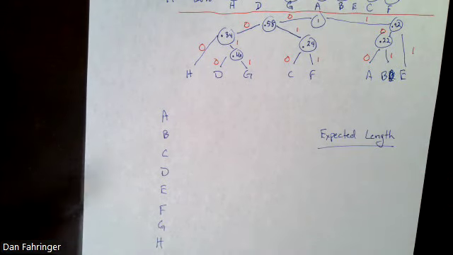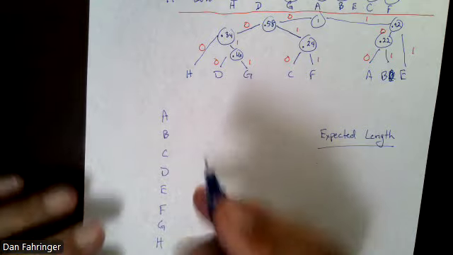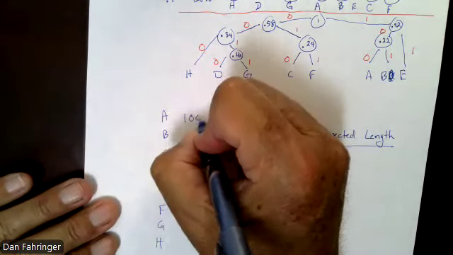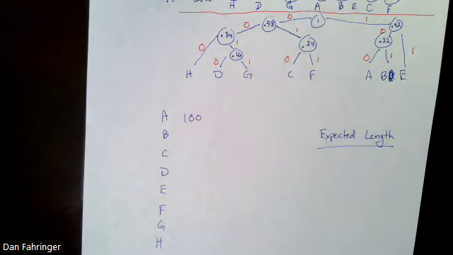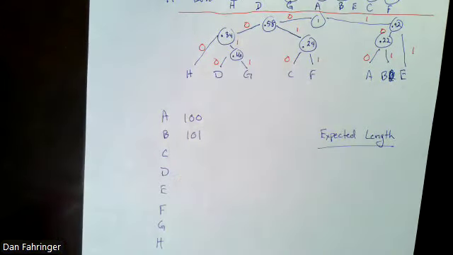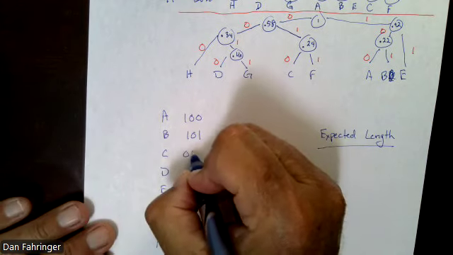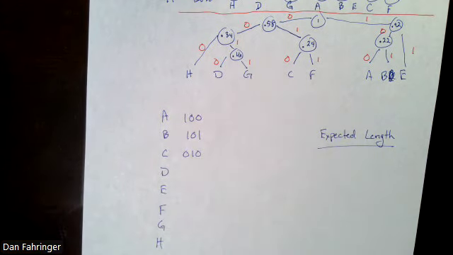It may not be the actual one, depending on the message that's being sent. Here, A is 100. B is 101. C is 010.